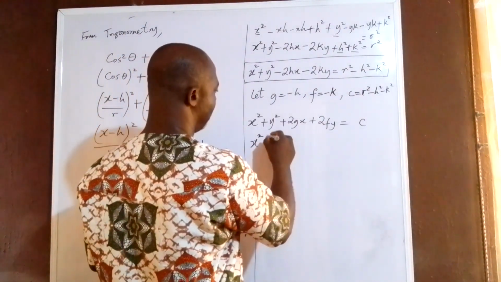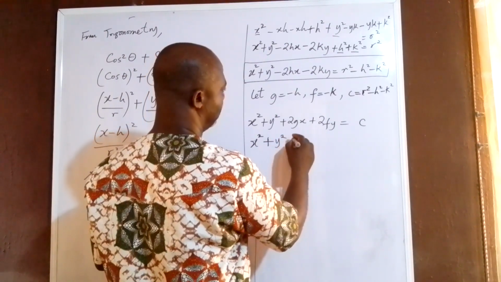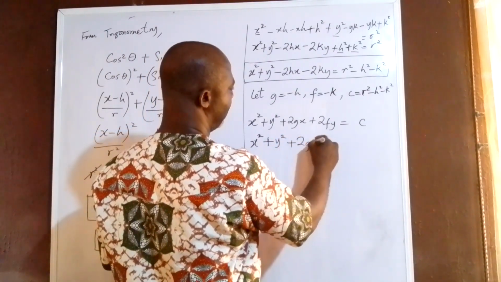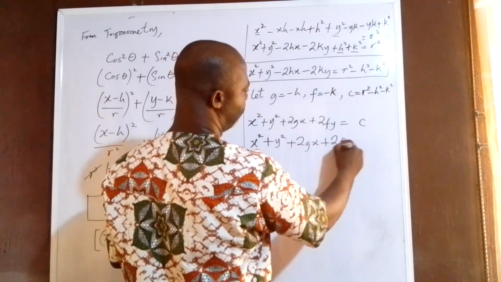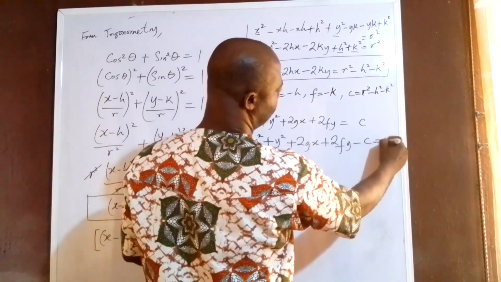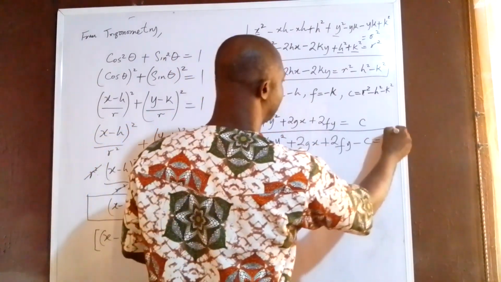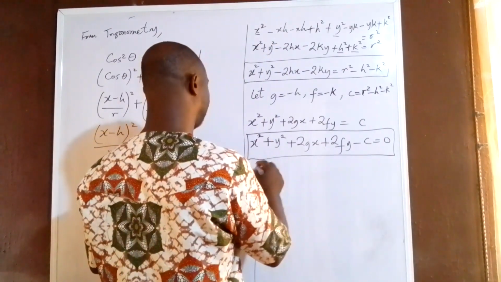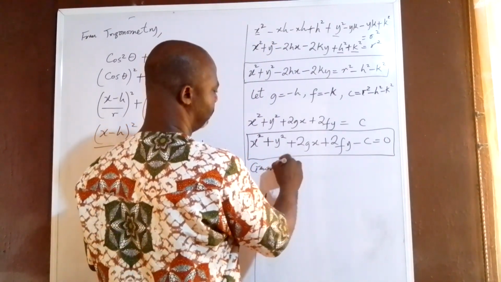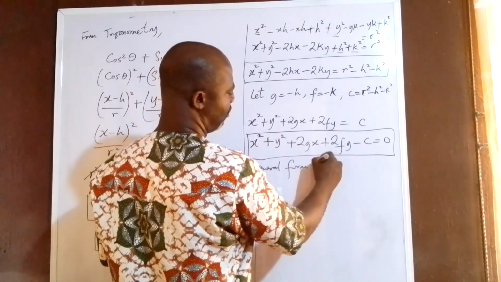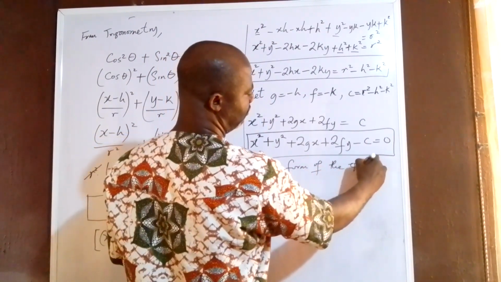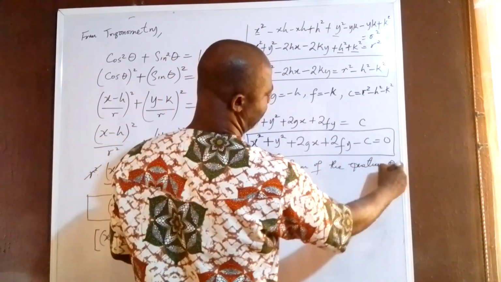So from here we have x squared plus y squared plus 2gx plus 2fy minus c equal to 0. So this gives the general form of the equation of the circle.